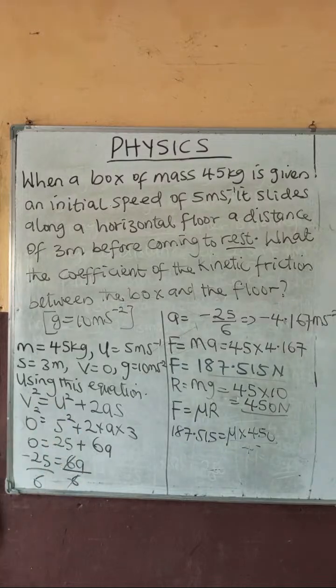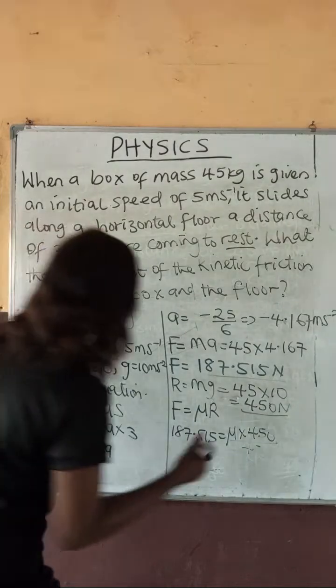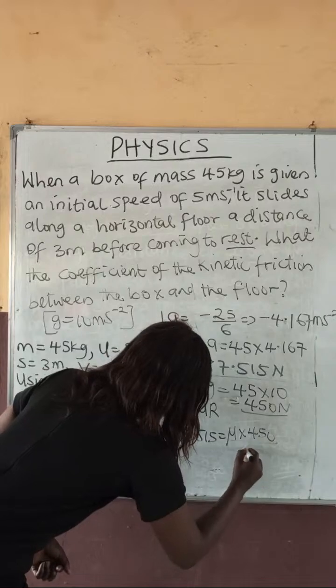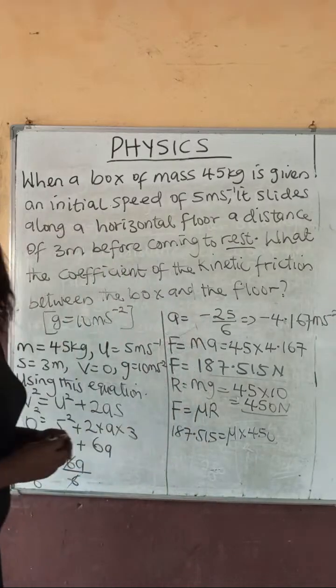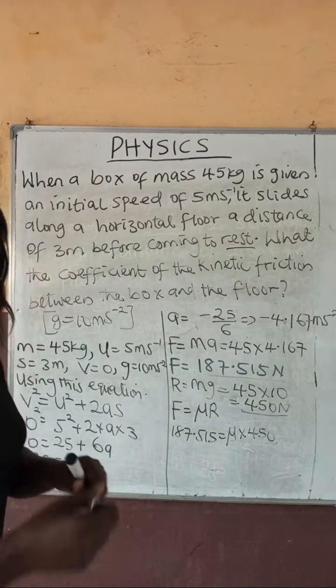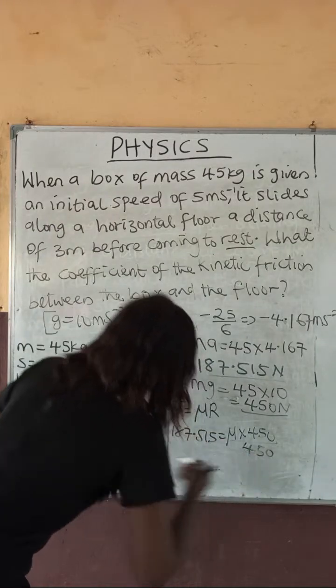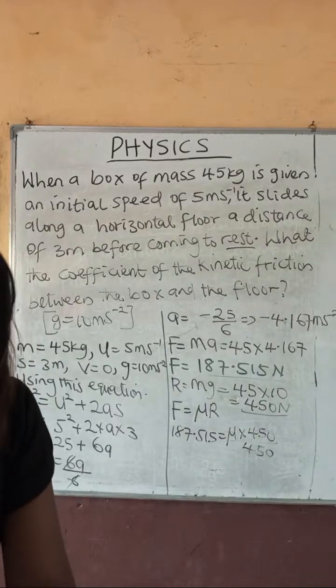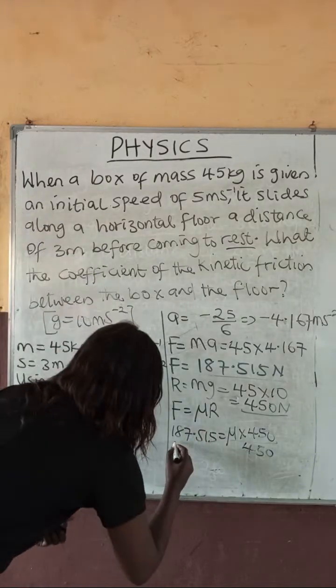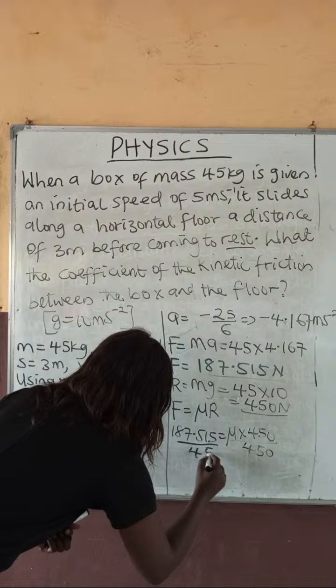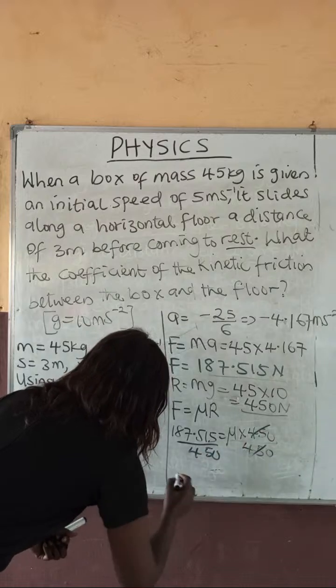All right. You are going to divide both sides by 450. So what do we have? This cancels this.